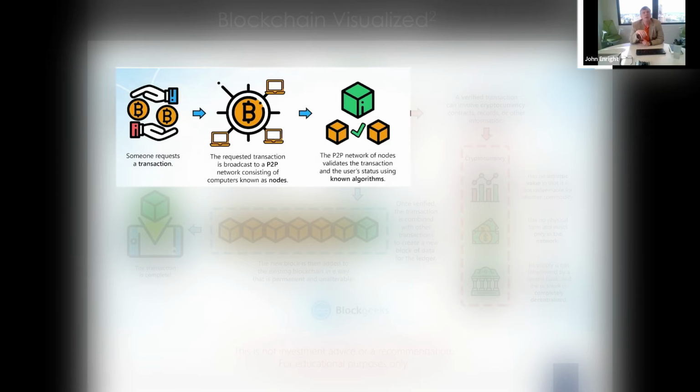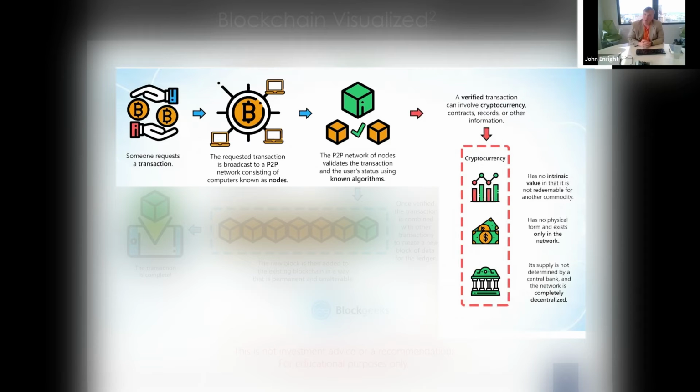And then the peer-to-peer network of nodes validates, doesn't approve it, they validate the transaction and the user's status using the known algorithms. So picture that green box there is actually our transaction, the one we just agreed to and completed. I'm going to follow that up below in a moment, but let's go to the right. A verified transaction can involve cryptocurrency, contracts, records, or other information.